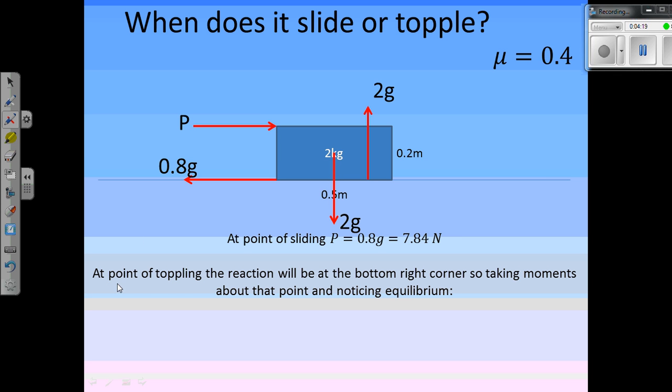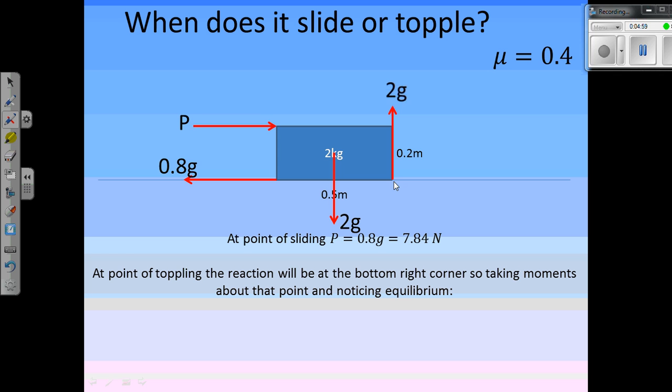At the point of toppling, the reaction will be at the bottom right-hand corner, because when this object topples because of P, it's going to pivot on that bottom right-hand corner. So at the point of toppling, our normal reaction will be right on that corner, because that is where the only contact between the object and the floor will be. So the normal reaction has to be from there.